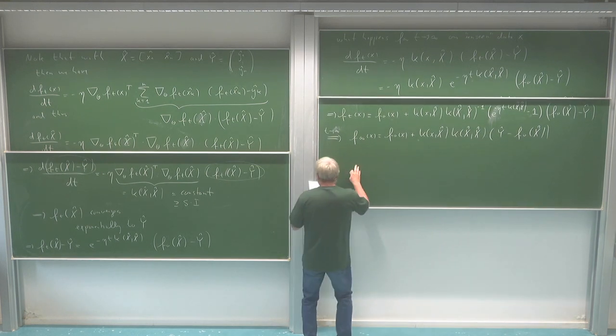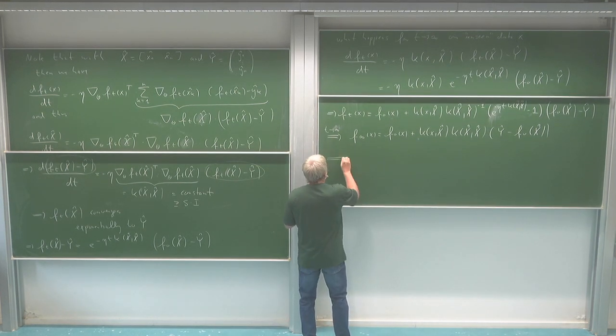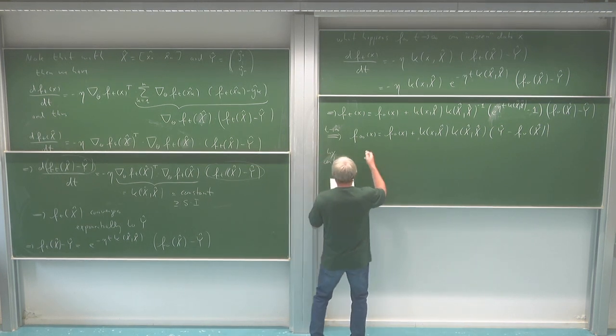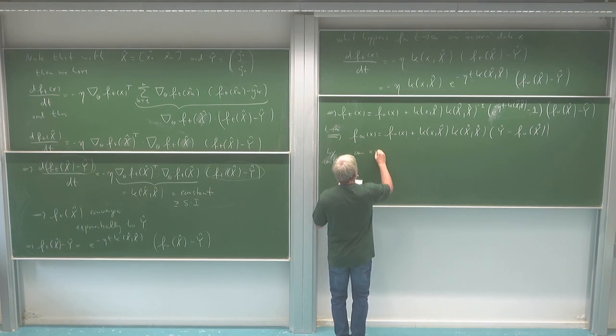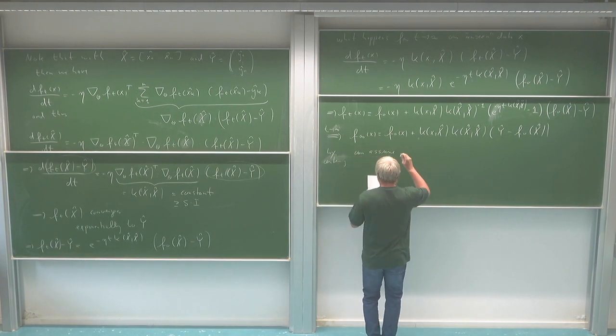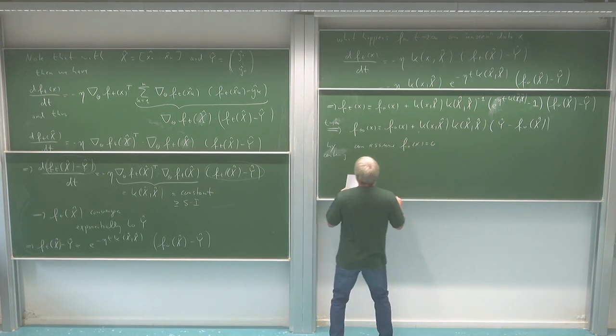Okay, so I don't want to be more precise on this. By kind of centering, one can get rid of this. One can assume or just restrict to the case where f0 of x is equal to 0.